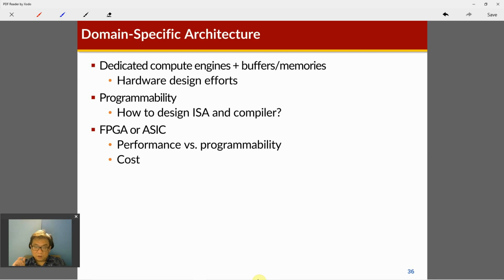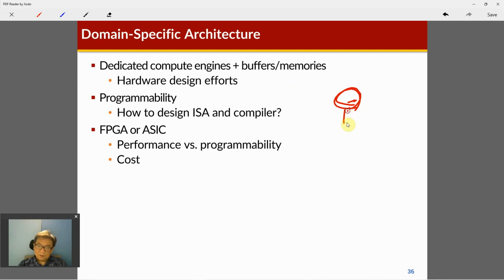For the general purpose processor or GPU, the community or some company supports the compiler and development environment. But for this domain specific architecture, we need a dedicated instruction set architecture, also a dedicated compiler, and this hardware only supports a specific domain.